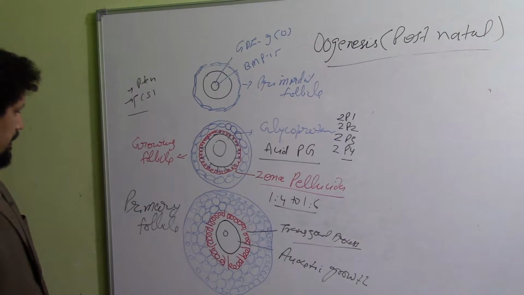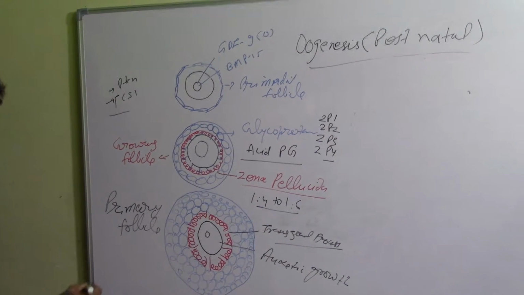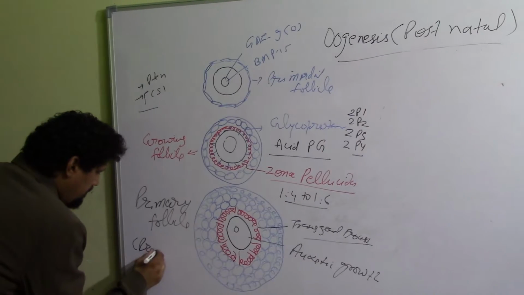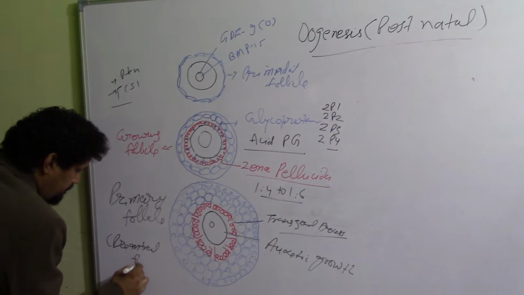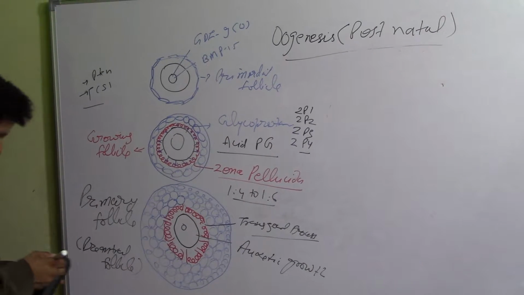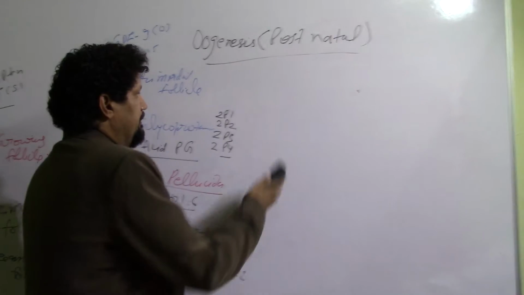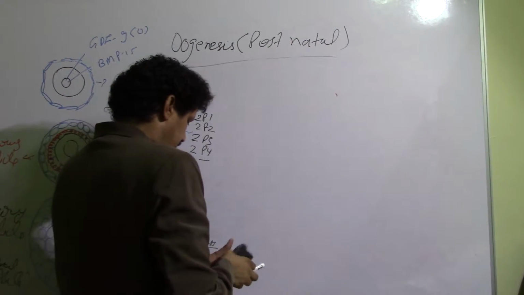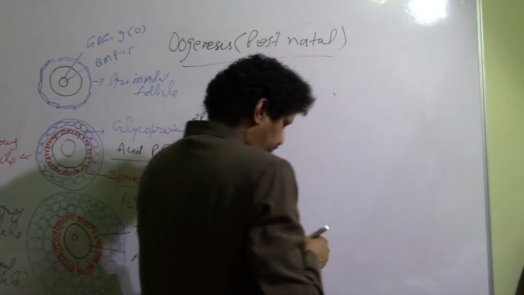Now, this follicle, primary follicle, is also known as pre-antral follicle. Because after this, the cells of granulosa are having small cavities.